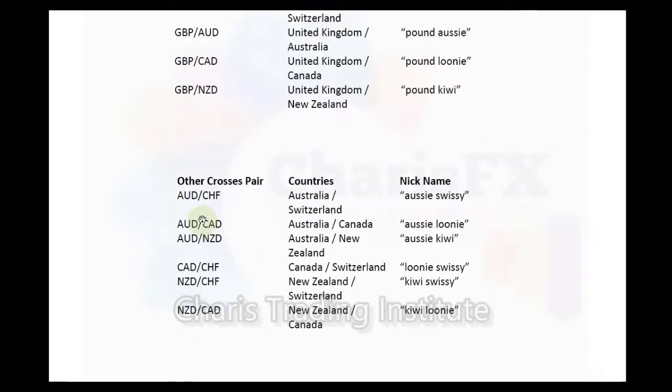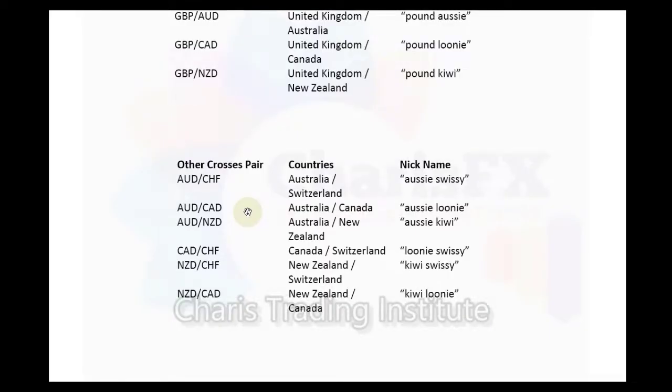So these are AUD CHF, AUD CAD, AUD NZD, CAD CHF, NZD CHF, or NZD CAD. These are not a derivative of either the Euro, the pound, or the yen, but they are also crosses. Okay, they are minor currencies.